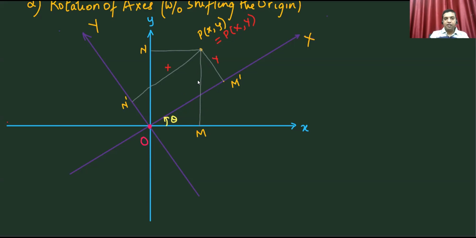Now let us see. We just have to equate. Now when you rotate this by an angle theta, what will be this angle? This angle will also be theta. Why? Because the horizontal lines I'm rotating by theta. This is a vertical line.